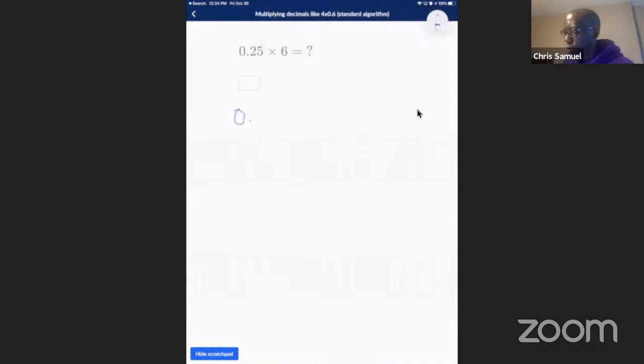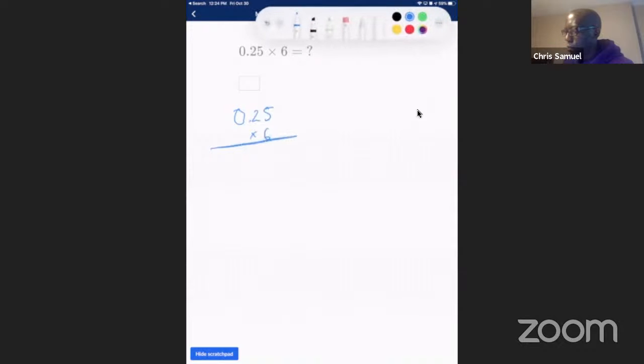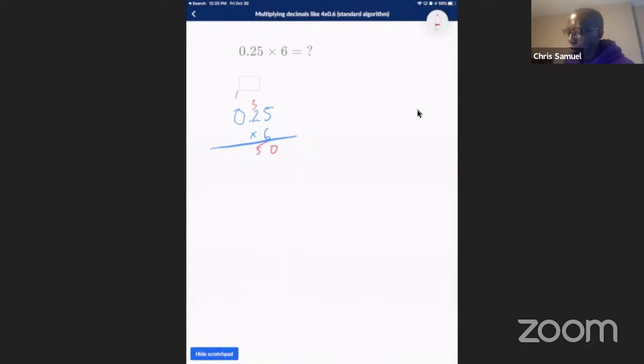Okay, so we have 0.25 here, and then you have 30. This is 12, 15. This 0, and plus 1. So that's basically it. So we're behind 2 decimals, 1, 2.